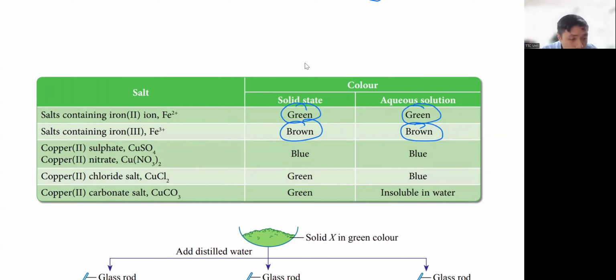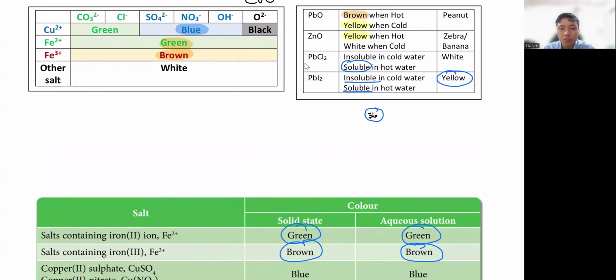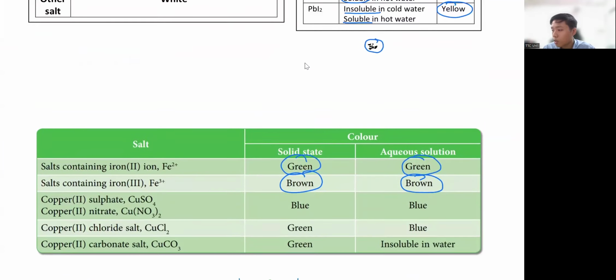Pair with iodine, it's insoluble actually. In normal temperature, it's all insoluble. Only if you heat up, then it's temporarily soluble. When it cools down again, you see the insoluble salt again. PbI2, PbCl2, PbBr2 same.